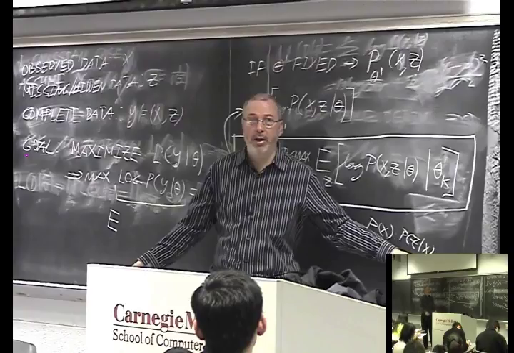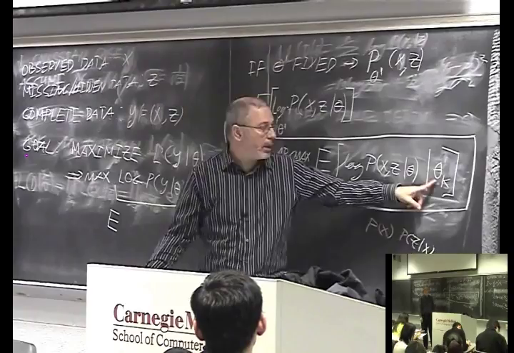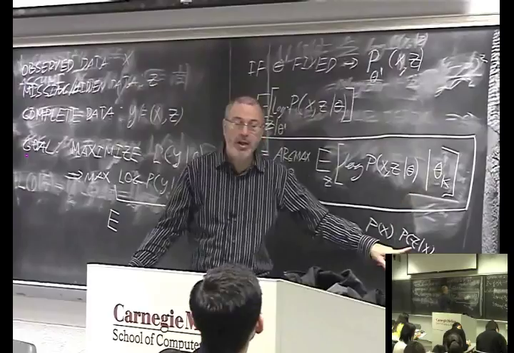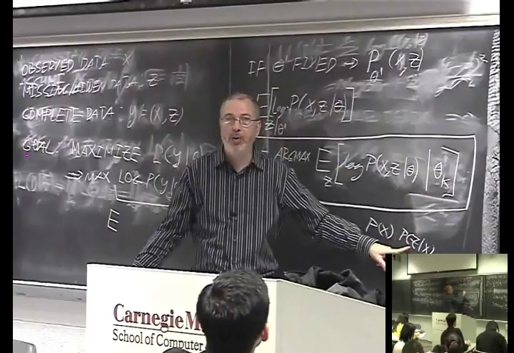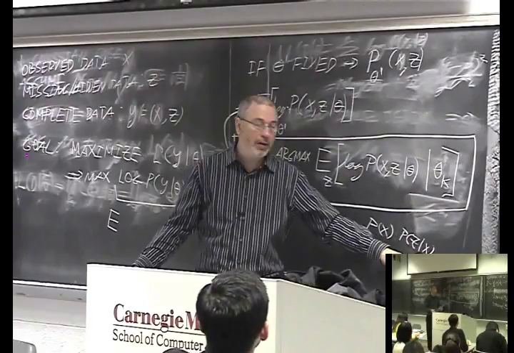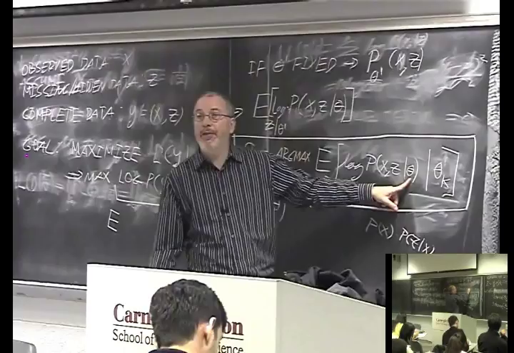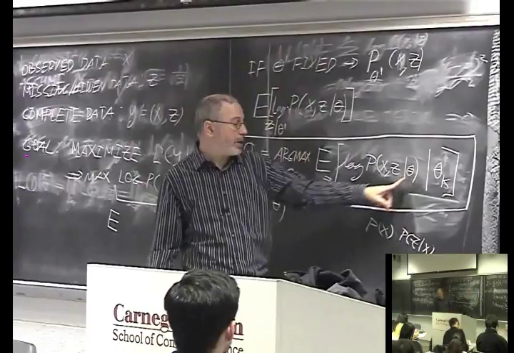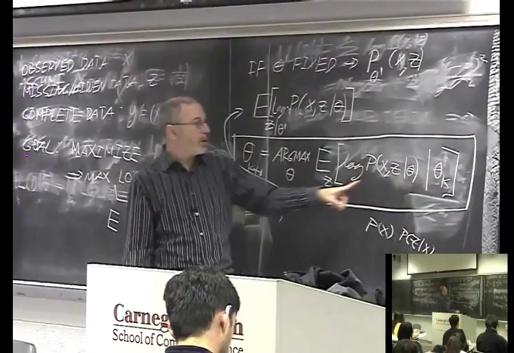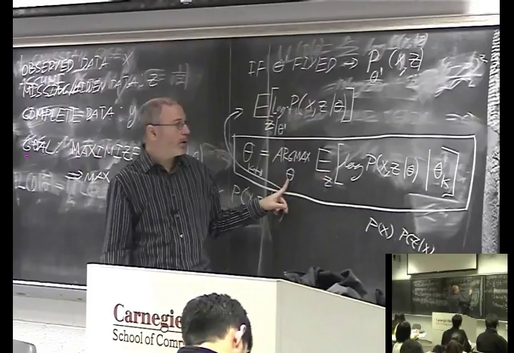You will also see this written in a slightly different form. This entire function will be called Q, and I think Q has only theta and theta prime, yeah. Q of theta and theta prime.